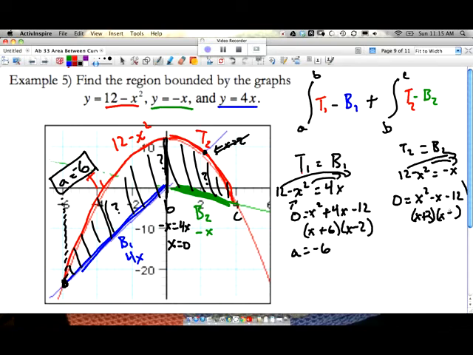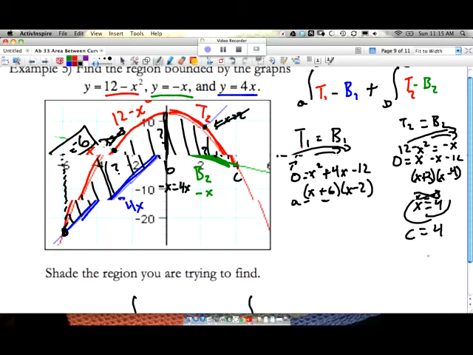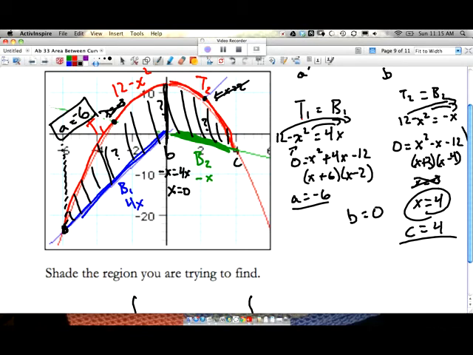We have a plus 3 and a minus 4, which again makes sense because right here we have x equals negative 3, but that's not needed. We need the positive side, which is at x equals 4. So b, or not b, pardon me, c equals 4. Okay, so c equals 4, a equals negative 6, and in the middle we got b equals 0.